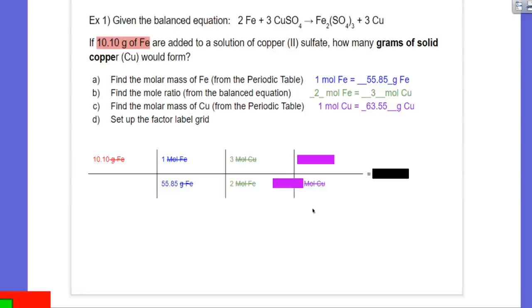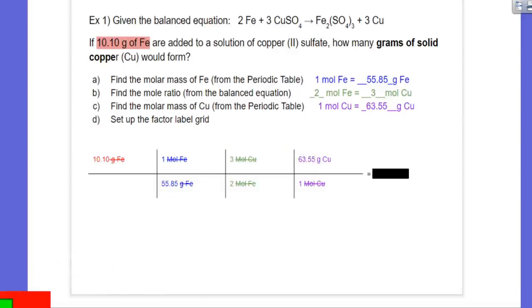Moles of copper, moles of copper. If I look at my equivalency statements, I have moles of copper to moles of iron, and I have moles of copper to grams of copper. So I'm going to convert my moles of copper into grams of copper. Take my numbers from the statement, so 1 mole of copper, 1 mole of copper, 63.55 grams of copper goes with grams of copper.